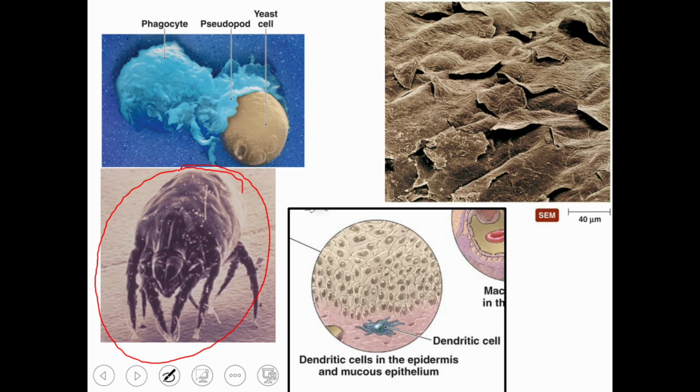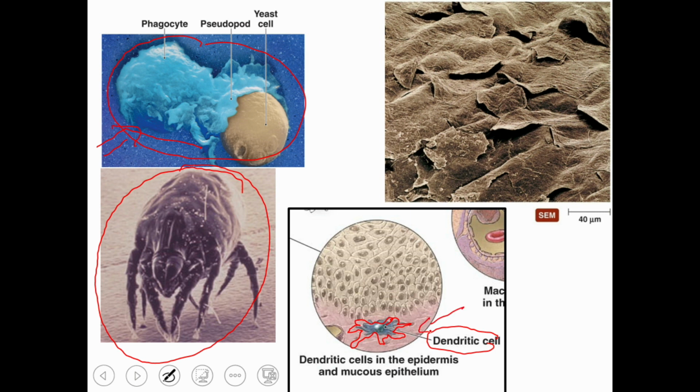We also have dendritic cells in the epidermis, and this is showing, kind of like an amoeba, but this is our own cell. It's got these pseudopods, which are then able to engulf bacteria or yeast, and that's what we're looking at up here, okay? So this phagocyte up here is essentially what we're looking at down here, but just a different version.